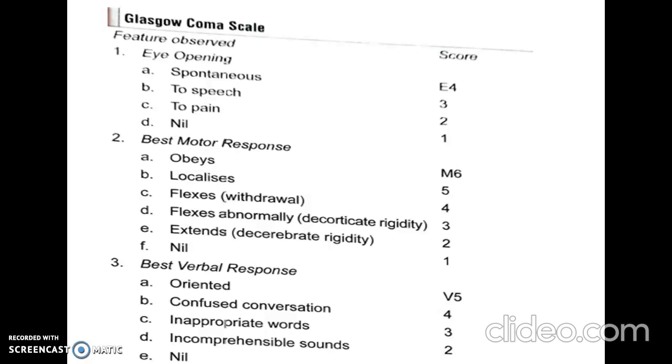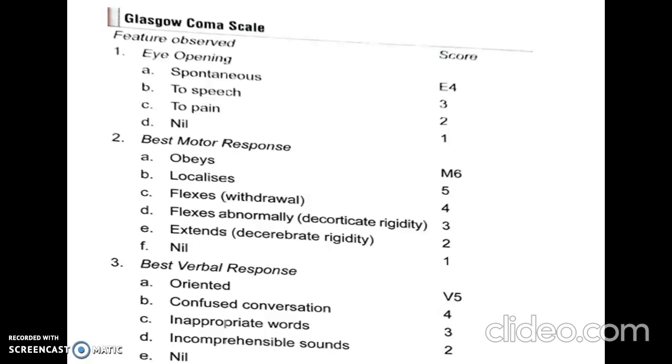Then score 5 is given for localized, like purposeful movement to pain. And 3 is given for flexion, where withdrawal can be observed, especially flexion of the elbow.